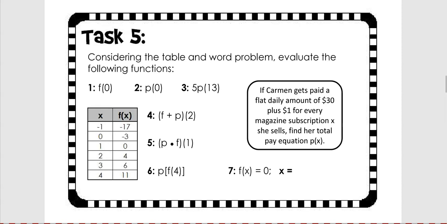So it says if Carmen gets paid a flat daily amount of $30 plus $1 for every subscription X. What's her pay equation? So remember, if you mark up your problems, they're easier to work with.